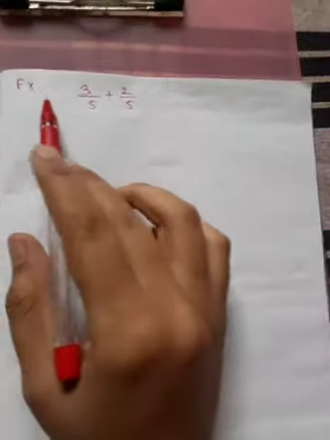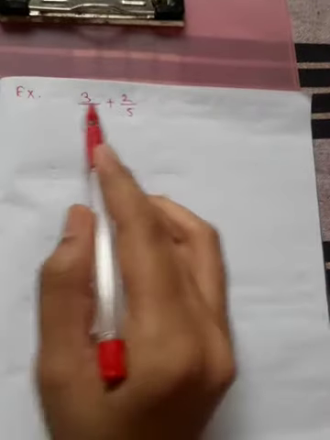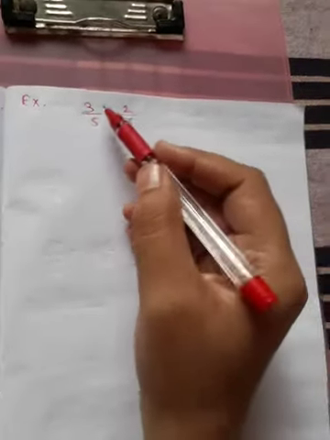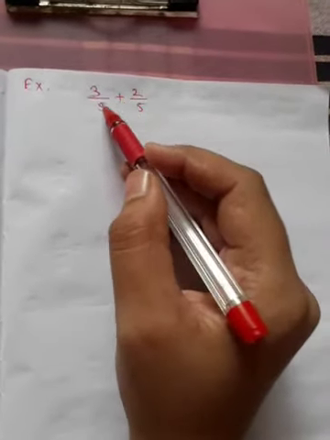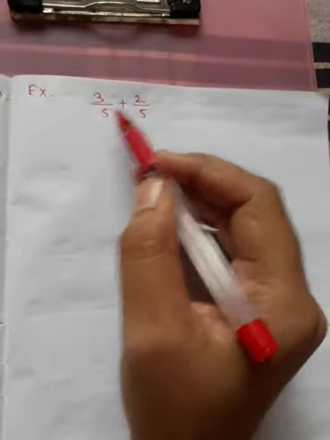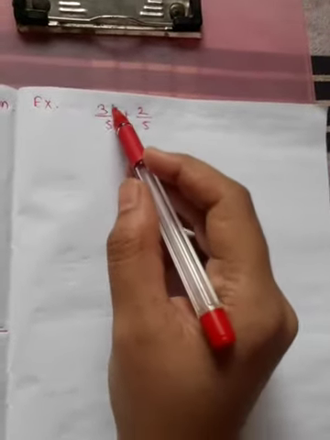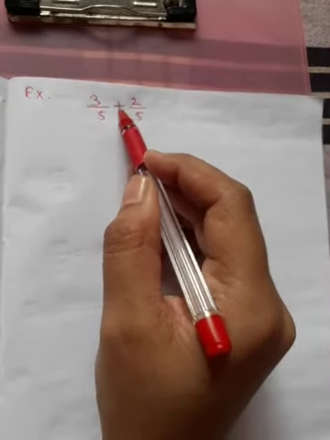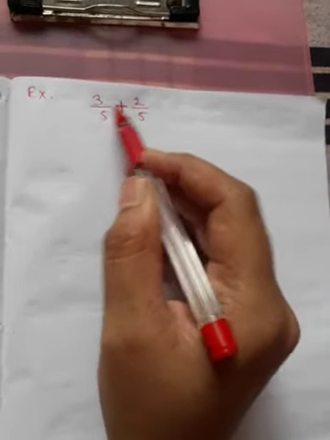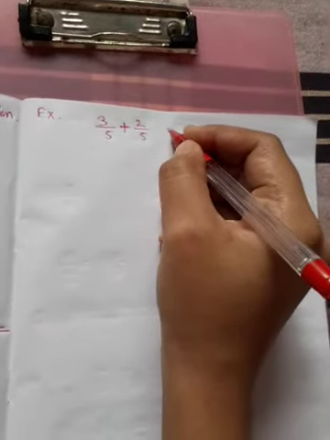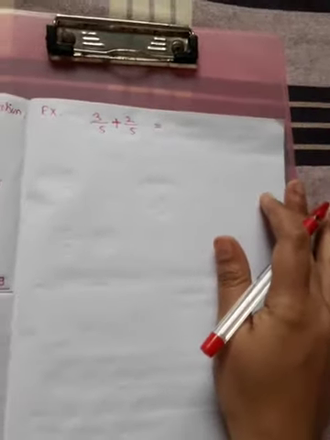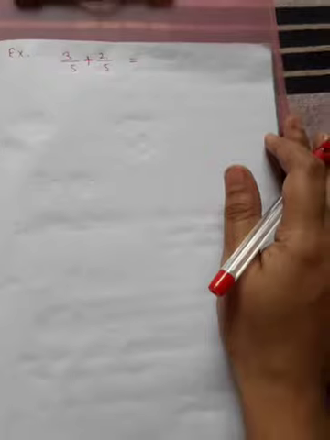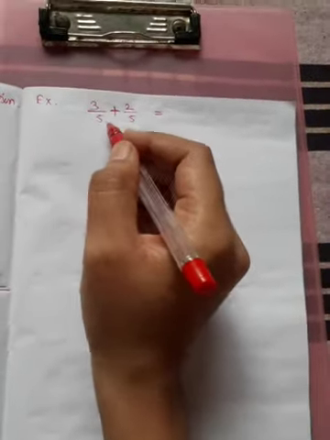Now see this example. Here I will take 3 by 5 plus 2 by 5. This is addition of like fractions. See, the denominators are the same, so these are like fractions. And how can we add like fractions? You have learned addition and subtraction of fractions in 6th standard, so you must know this.